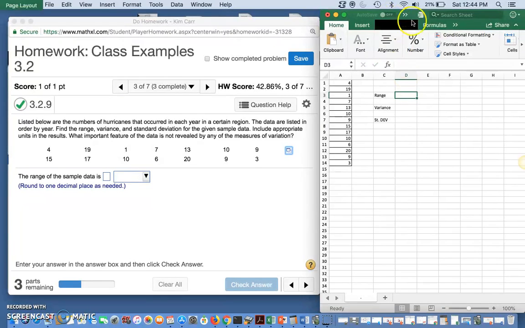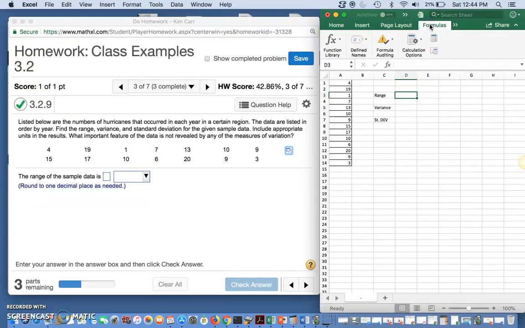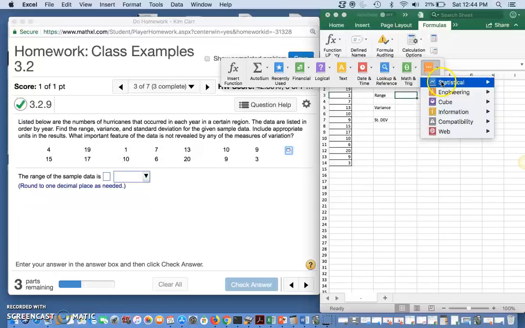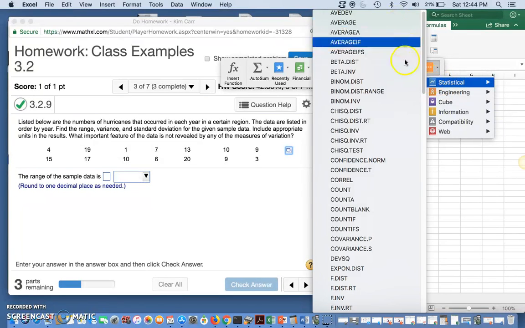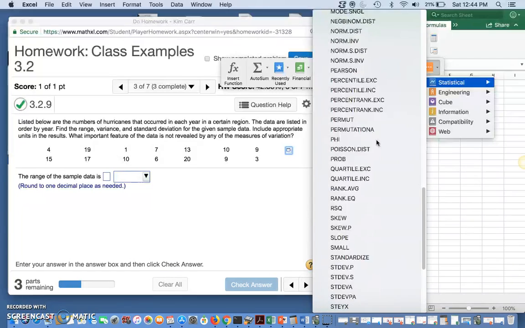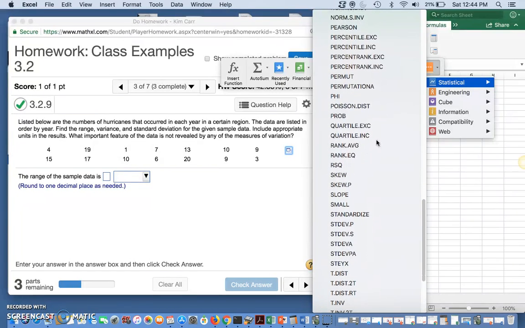Well, you can go up here to formulas and go to function library, and we really want something that says statistics if possible. So that's statistical. This gives us everything that's related to statistics. If it's here, you can find it. If it's not here, you can't.